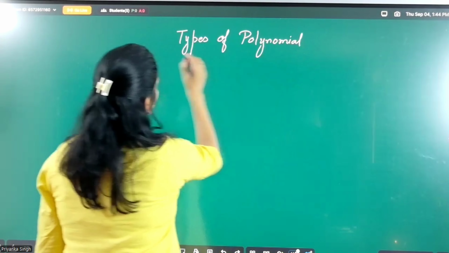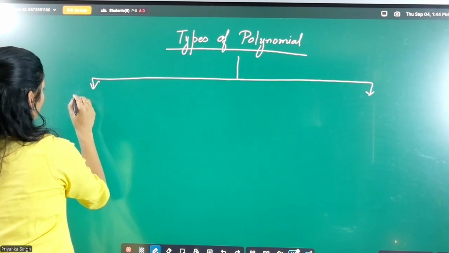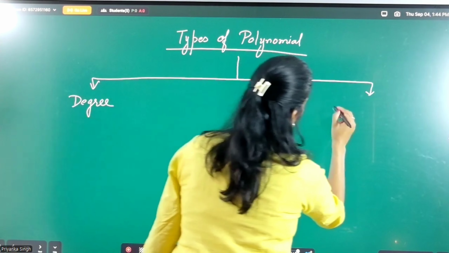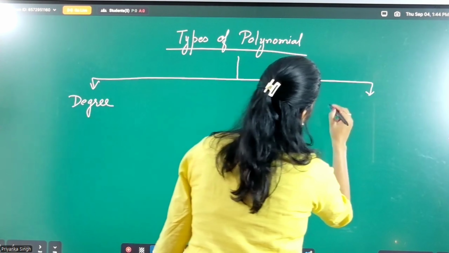Now in general, polynomial types can be divided on the basis of two things. One is based on the degree of the polynomial and the other based on the number of terms.